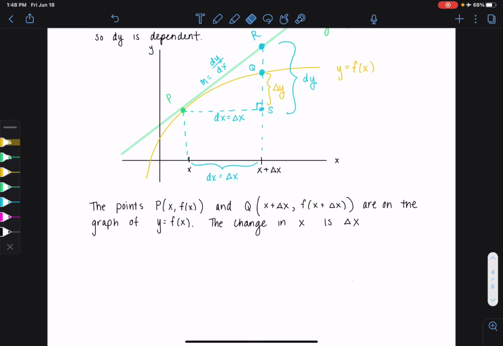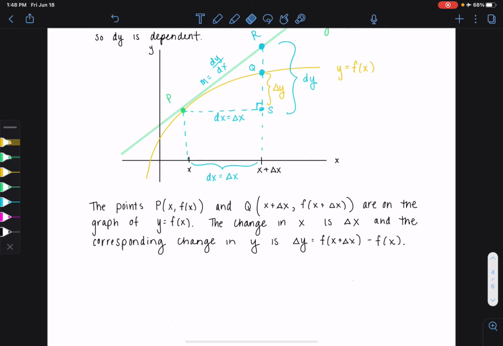The change in x is delta x, and the corresponding change in y is the y value at Q minus the y value at P.